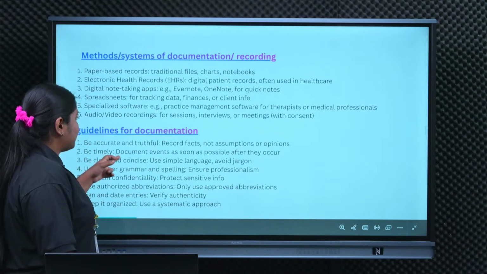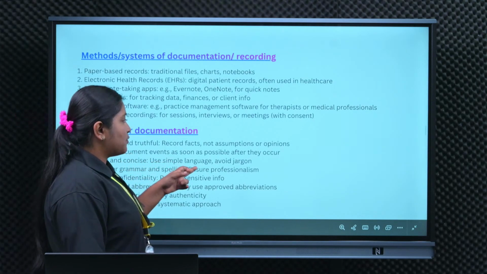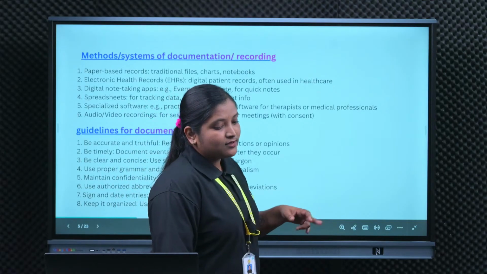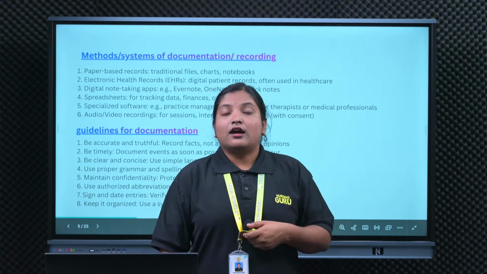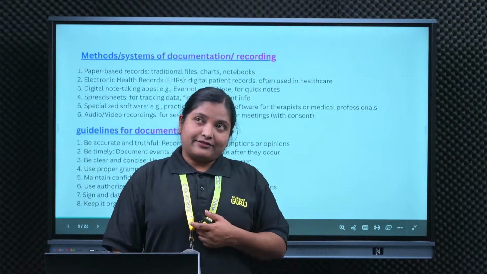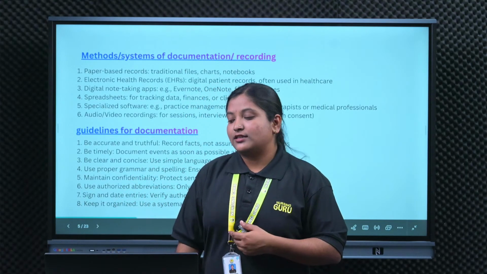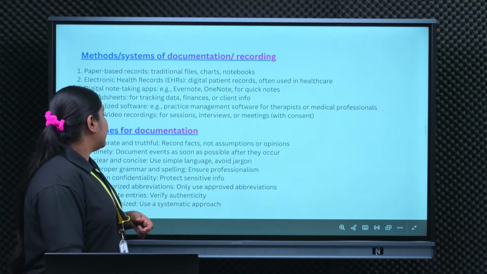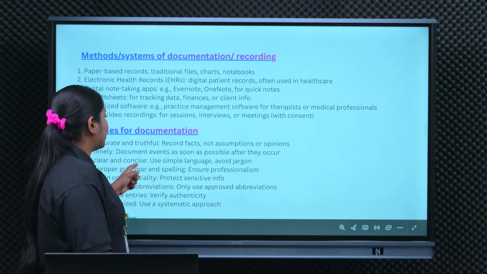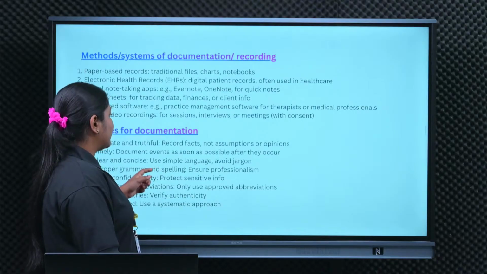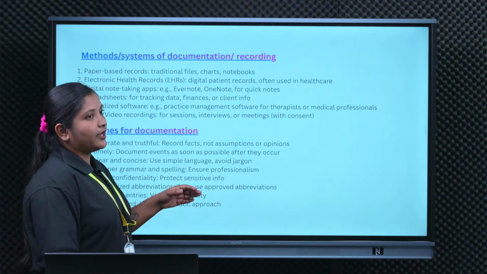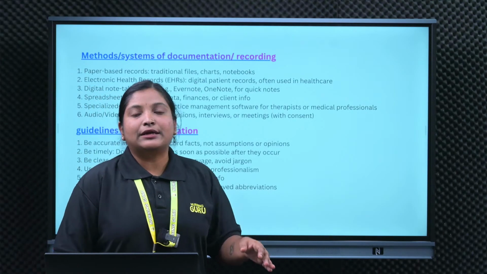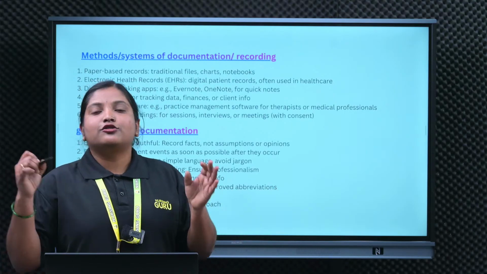Then be timely. Document events as soon as possible after they occur. You should not wait and write later. Once they come, you have to document immediately. The next one is be clear and concise. Use simple language and avoid jargon. You should not use big sentences; keep it very minimalistic.